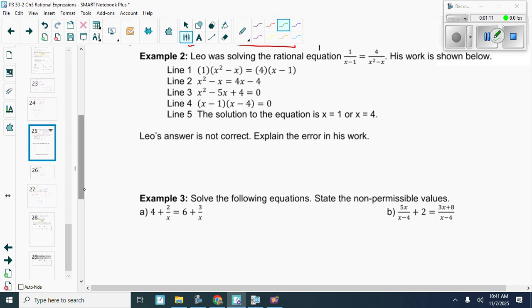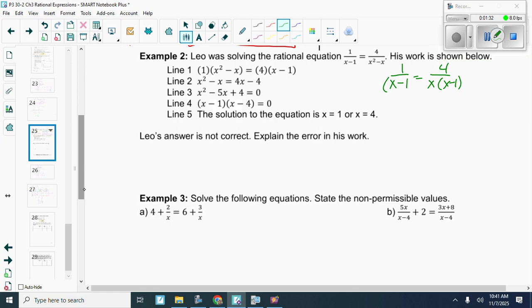What I've been teaching you is first we're going to factor the denominators. So I have 1 over x minus 1 is equal to 4 over x times x minus 1. Then we did a common denominator.